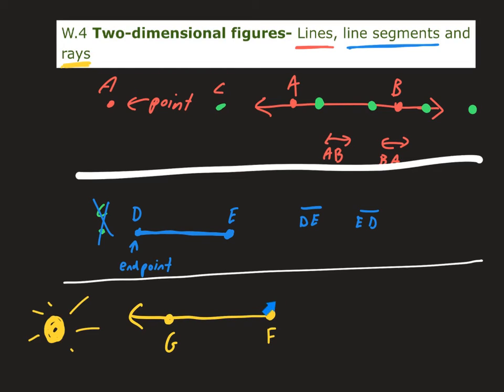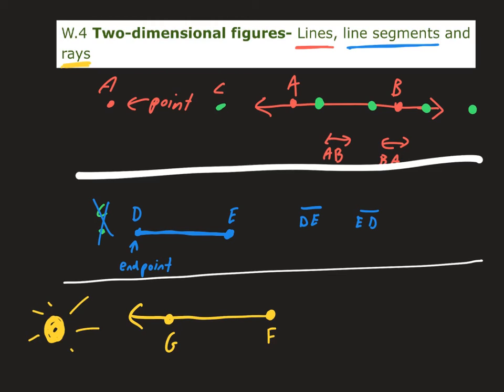So now I've got an endpoint and a point. So it goes on and on forever, infinitely in one direction. Just like the sun has rays of light that go on and on until they hit something, which is maybe the earth. So it just goes on and on forever and ever and ever.